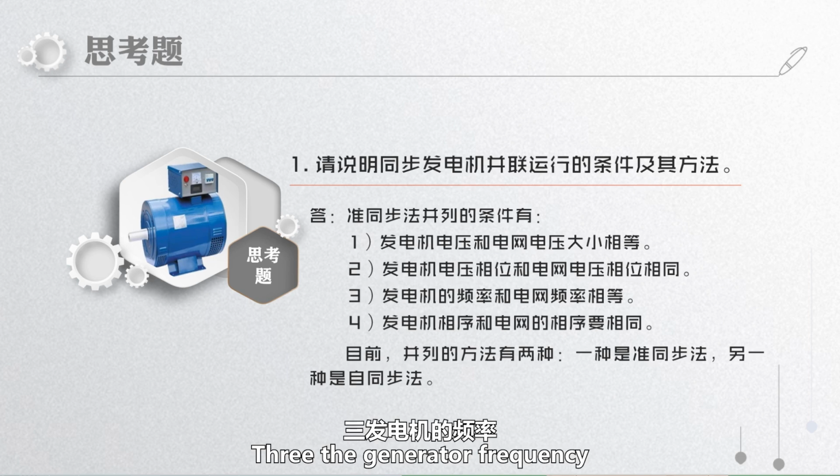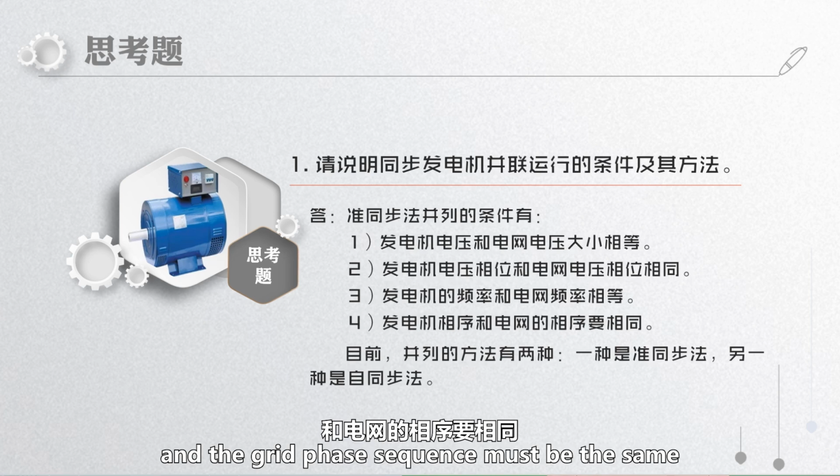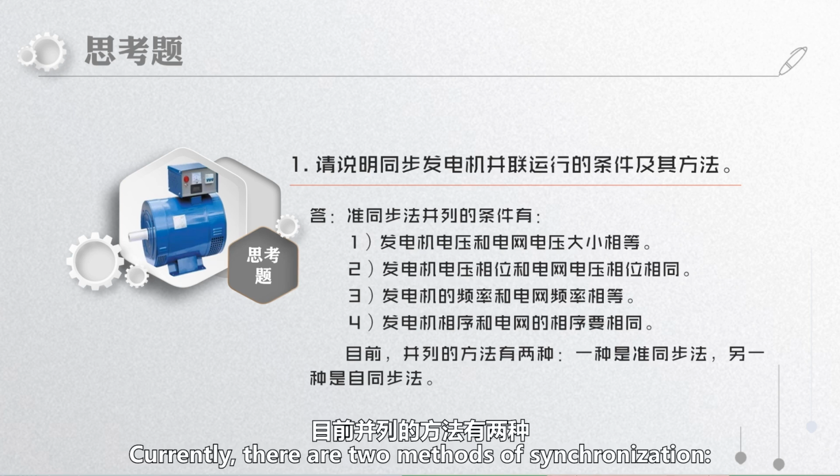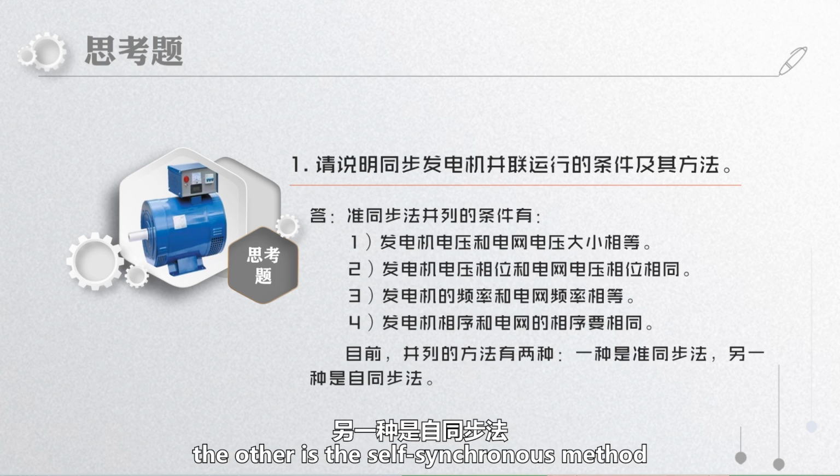The generator frequency and the grid frequency are equal. 4. The generator phase sequence and the grid phase sequence must be the same. Currently, there are two methods of synchronization. One is the quasi-synchronous method. The other is the self-synchronous method.